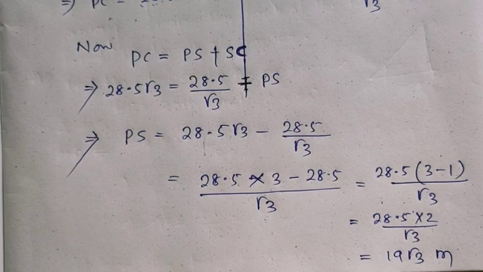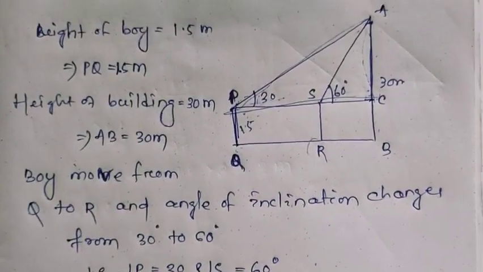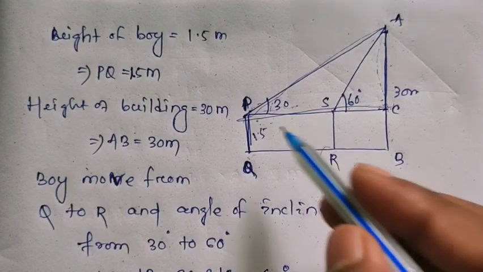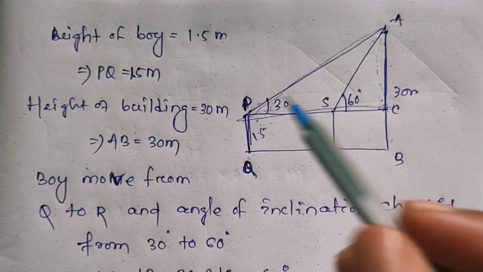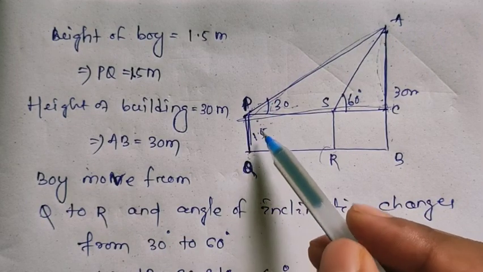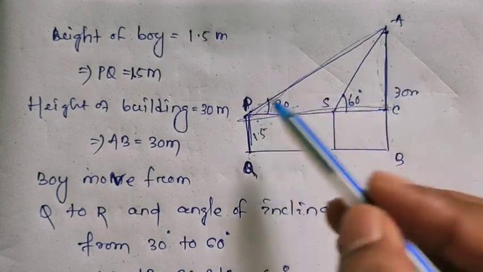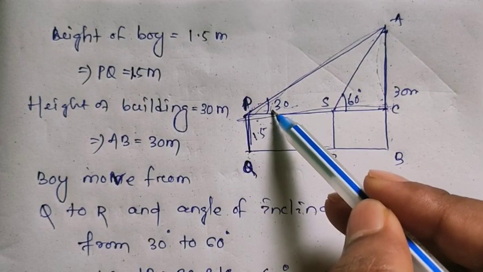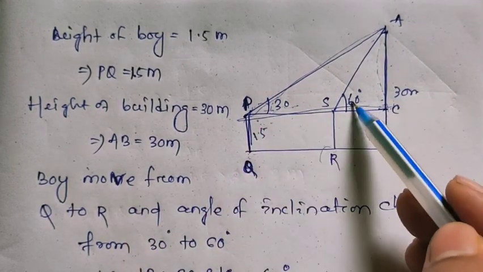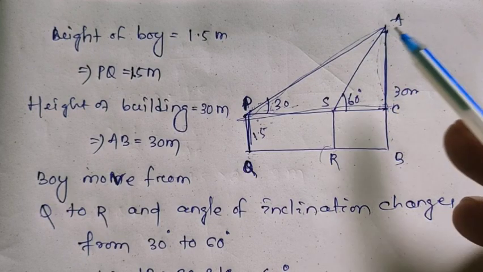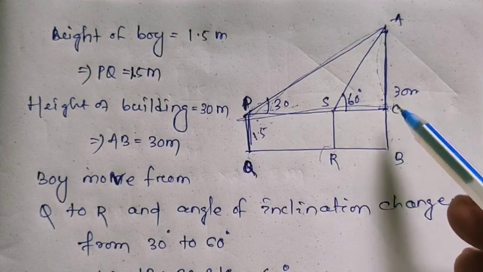Understand? Okay, let's revise this again from here. It is given that a 1.5 meter tall boy is standing at Q, and the angle of elevation from his eye to the top is 30. When he walks a shorter distance, the angle of elevation changes to 60 degrees. The height of the building is 30 meters.